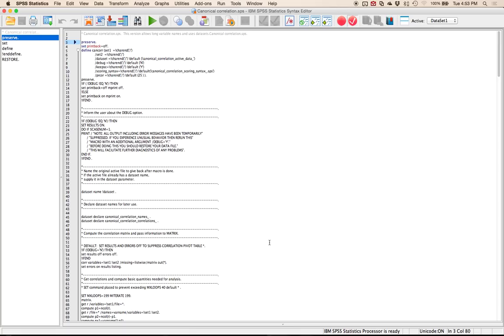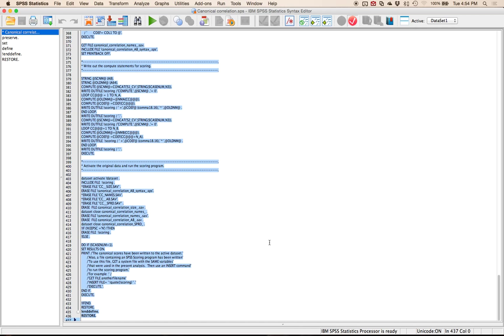Now, it does not automatically remember that you've run this, so you will have to run this code every time you want to do canonical correlation and then close the SPSS. So you can do multiple can cores at once, but once you close SPSS, it's forgotten that this syntax happened. So to get going, what you want to do is highlight everything. So I'm going to use Control A or Command A. Or what you can do is click Run and then All.